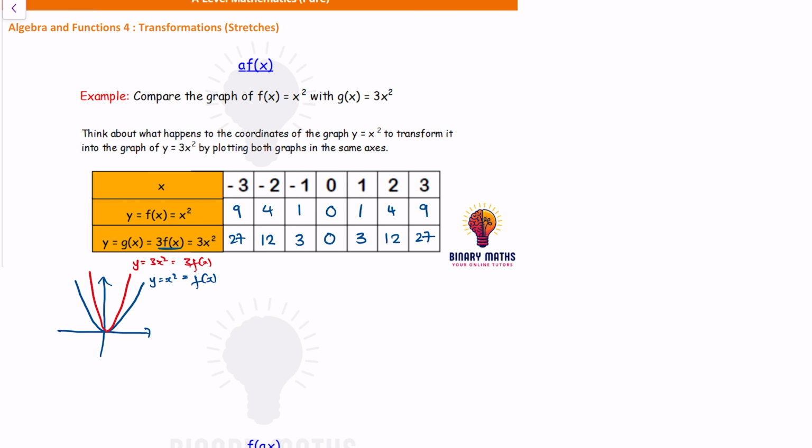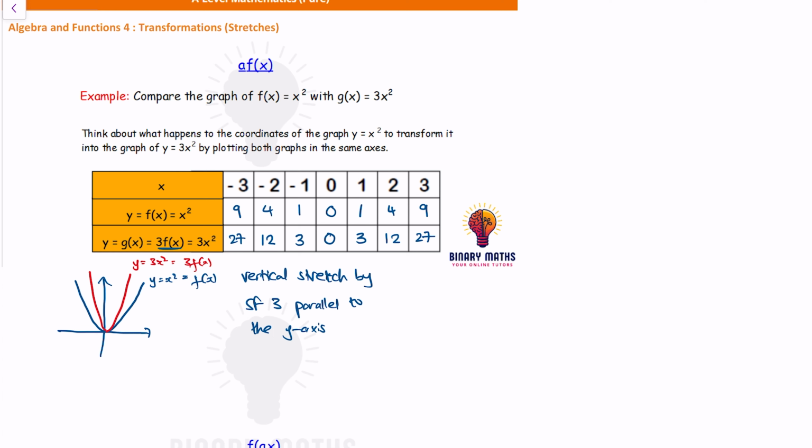What you can see is it's a vertical stretch by a scale factor of 3, stretched vertically by a scale factor of 3 parallel to the y-axis.